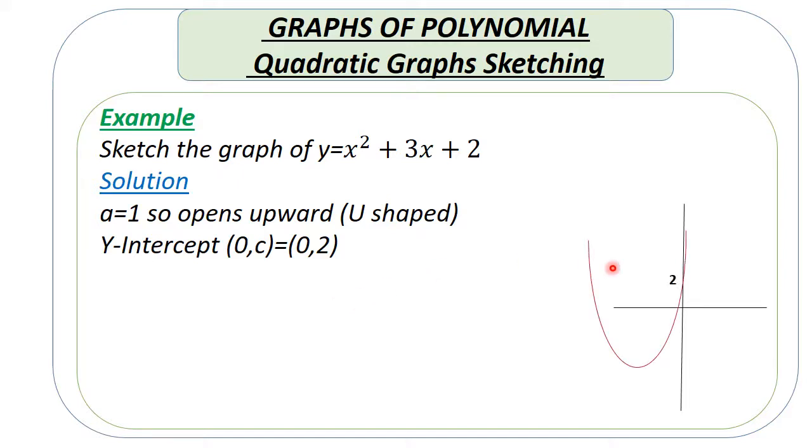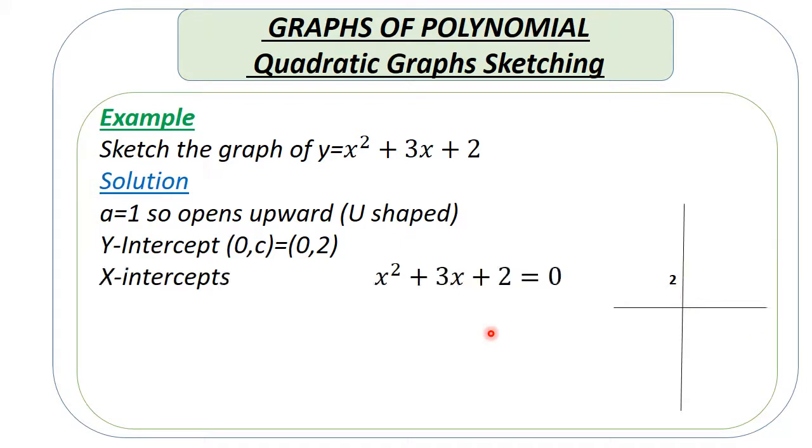So we can have an idea that our graph is going to be like this. But it can also be like this. It can be in different ways here. So with this information we cannot be sure.